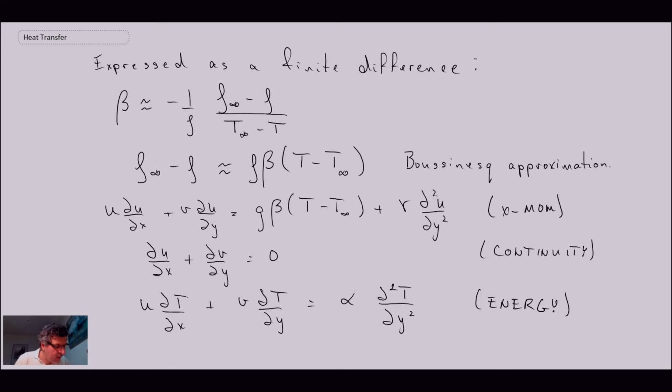Those are the 3 equations that we need to solve if we want to determine the temperature and the velocity profile in front of or above a plate that has natural convection. Remember, y was in that direction, x is in that direction, and this would be a case where the plate wall is greater than T infinity out here. So we have momentum, continuity, and energy, and those would have to be solved.